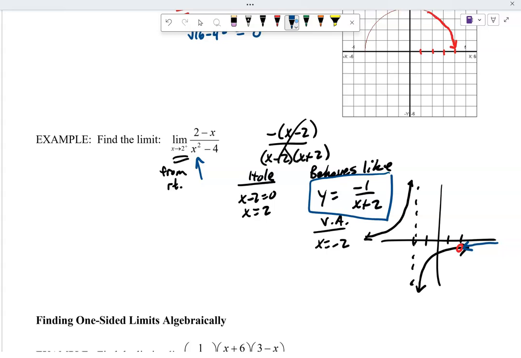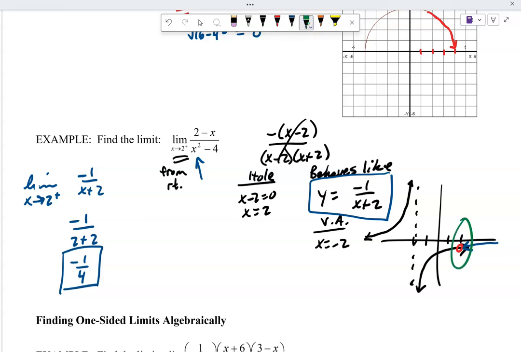So let's throw it in. So it's going to be approaching negative 1/4. And again, you can see it's approaching that hole from the right, as x approaches 2 from the right. Which, by the way, it's also approaching from the left as well. So the overall limit as x approaches 2 is also negative 1/4.